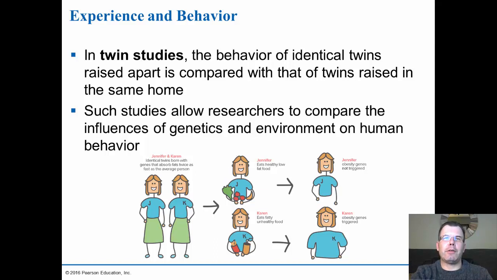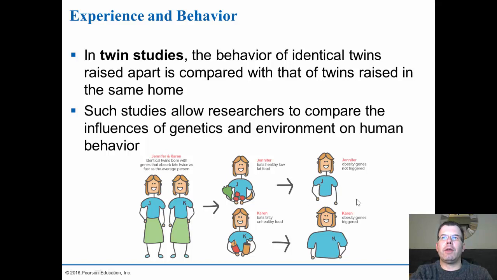That would be something like in this situation where these two twins grew up in two different households. They have the same genetics, but Jennifer was raised in a household where they only eat healthy food, and Karen lives in a household where they only went out to McDonald's and ate a lot of unhealthy food.